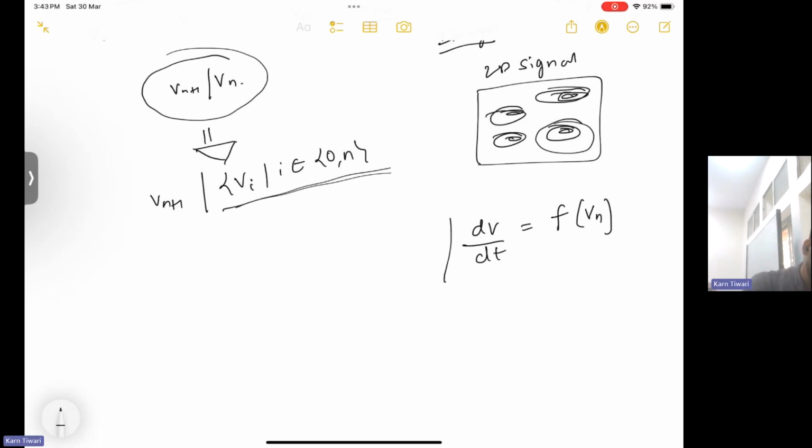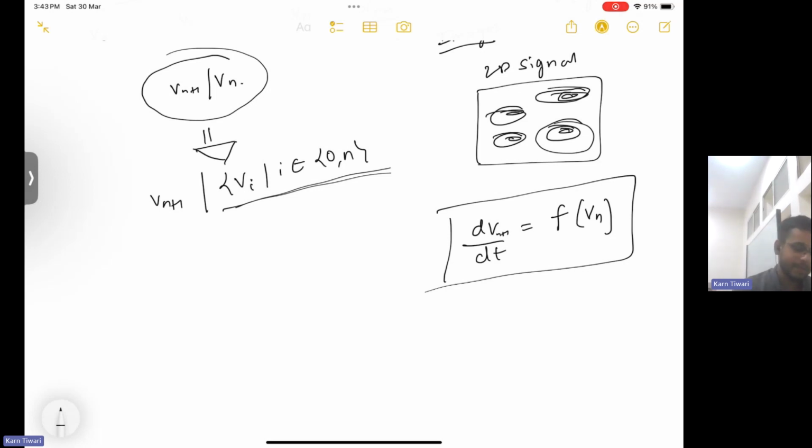We can model this in this way. The rate of change of the velocity, v n plus 1, is a function of the velocity vn, and we can have vn minus 1, vn minus 2, till v naught. If we can model something like this, it's much more interpretable. We just need to design this function f, that is, how it is changing.